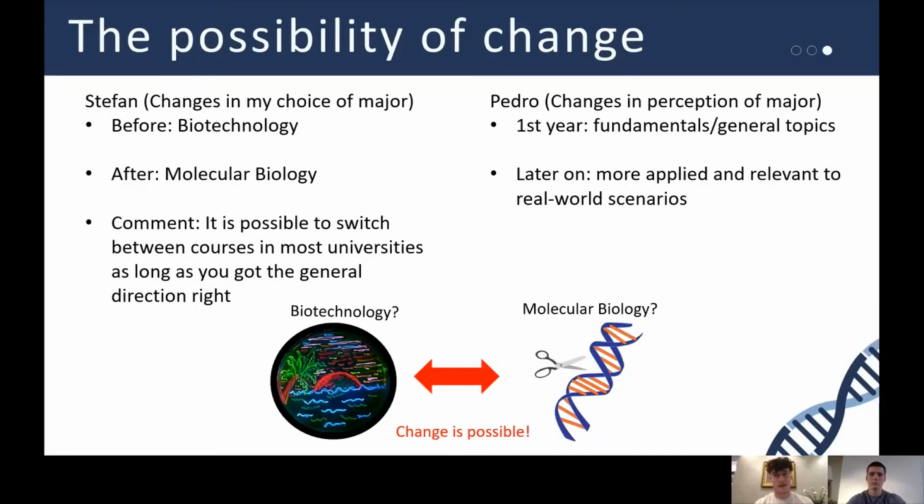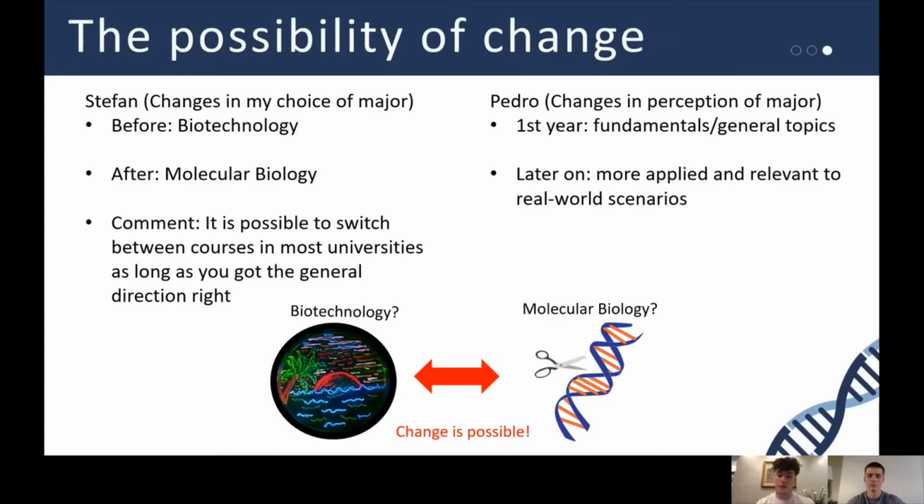Because of the diversity and how intertwined the degree is, and how many overlapping fields are within molecular biology and the sister fields of biochemistry and even biochemical engineering, there is a large possibility of change. For example, I started with biotechnology in first year, and throughout the year, I more and more realized that biotechnology isn't for me. Don't get me wrong, biotechnology is an amazing degree.